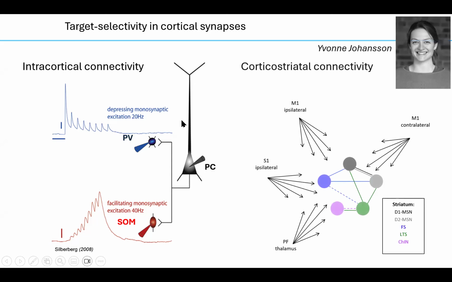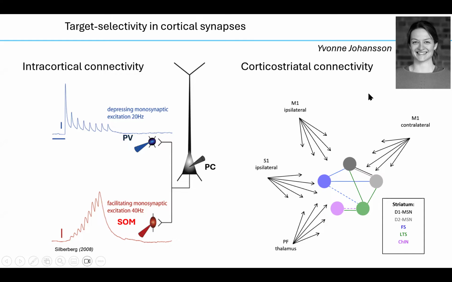Inspired by those experiments, I wanted to ask how the cortex talks to the striatum. We know that in the striatum we have many different cell types, and they all receive cortical input. How does the cortex talk to the different types of striatal neurons?